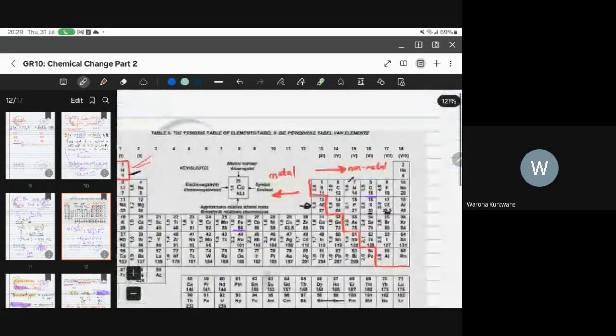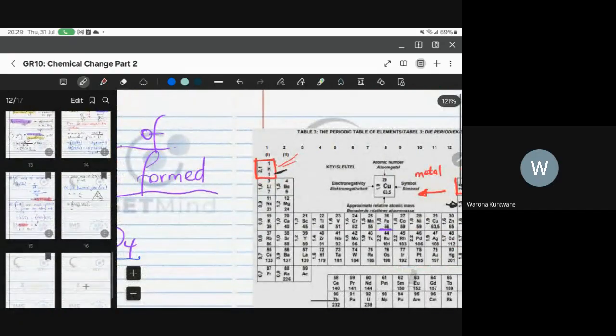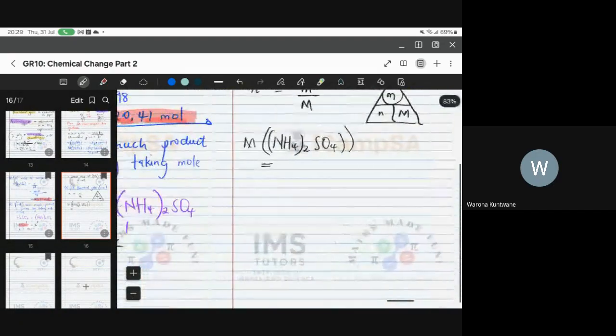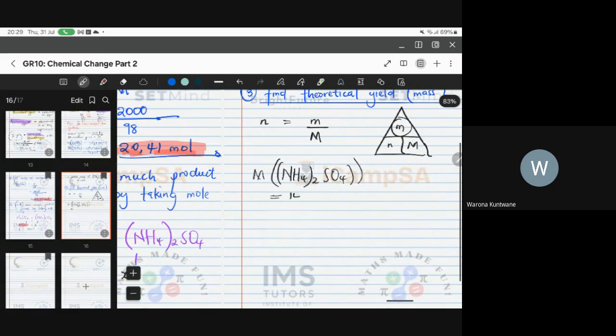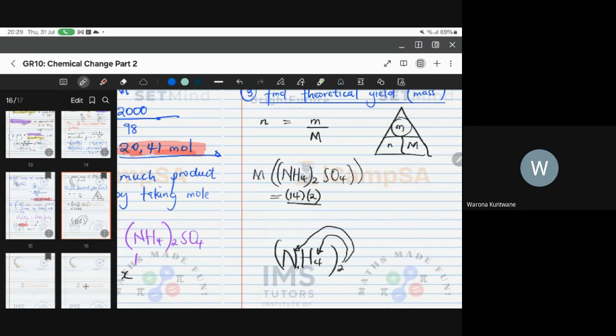So let's go back. Nitrogen is 14, but there are 2 of these here, so we must multiply like that. Remember, these 2 multiply this guy, and it multiplies the N as well. So there's always a 1 here, and the 2 will multiply the 1 that's there. That's why it's 14 times 2.